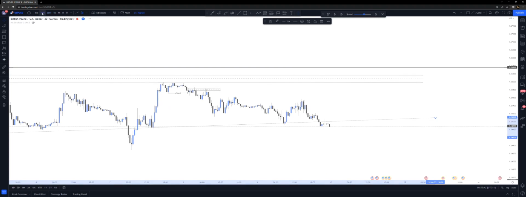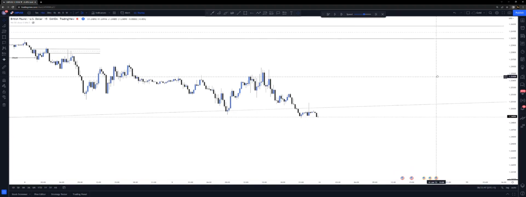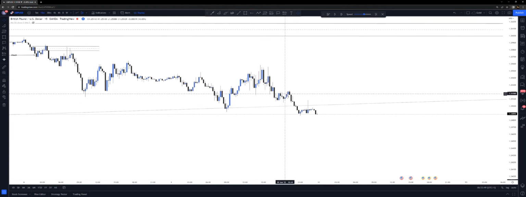So going on smaller time frame. I need to show candlestick right here. So let's mark this out.